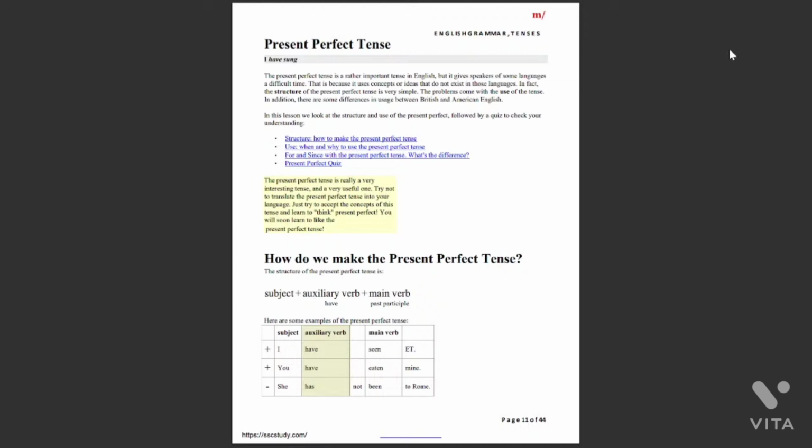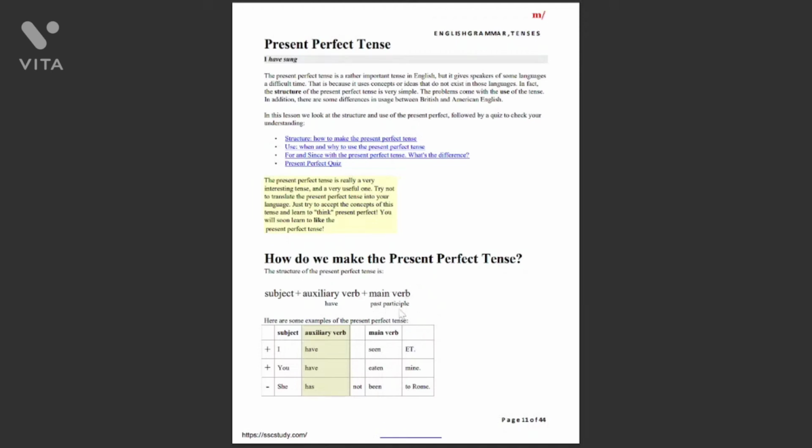In the same way, we'll have an equation for the present perfect tense. The structure first: subject plus auxiliary verb plus main verb. The main verb will be the past participle, and the auxiliary verb will be have. So the main equation is: subject plus auxiliary verb plus main verb.